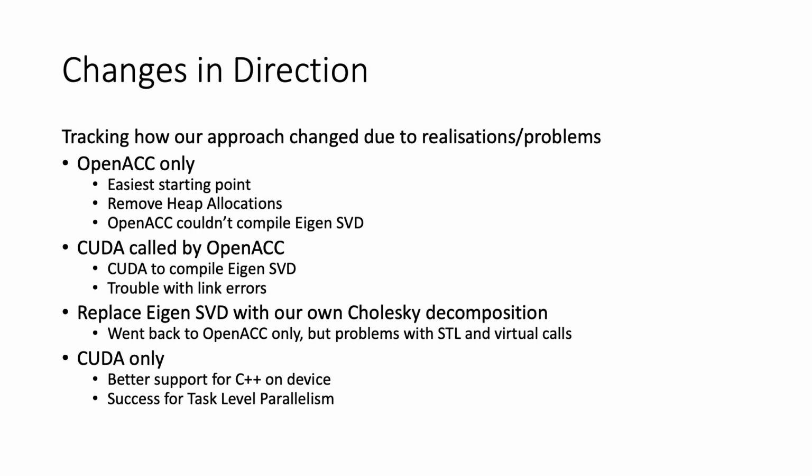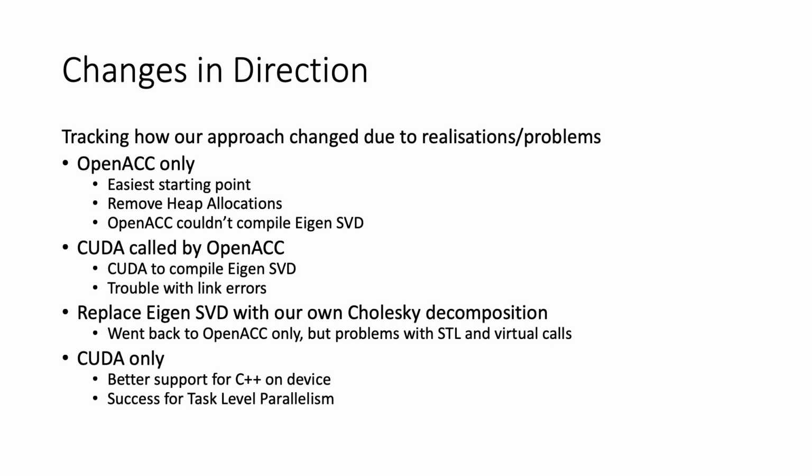We just remove heap allocations, and then we came to realise that OpenACC couldn't compile one of the third-party library functions, Eigen SVD, singular value decomposition, that we were trying to do on the device. So then we tried to get CUDA building that part and linking, and we had some real trouble getting those to link.